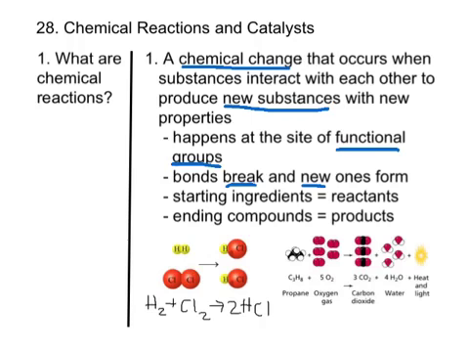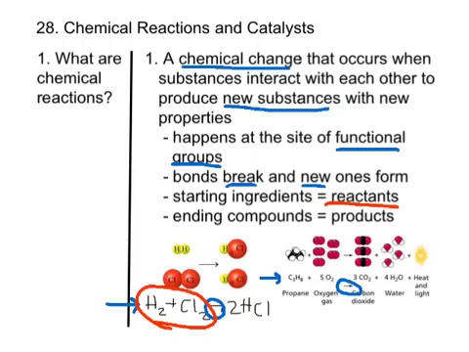And chemical reactions are always written out like this here, with our chemical symbols and an arrow showing the reaction has occurred. On the left side of the arrow is always what we call our reactants. So here are our reactants for this chemical reaction, hydrogen and chlorine.